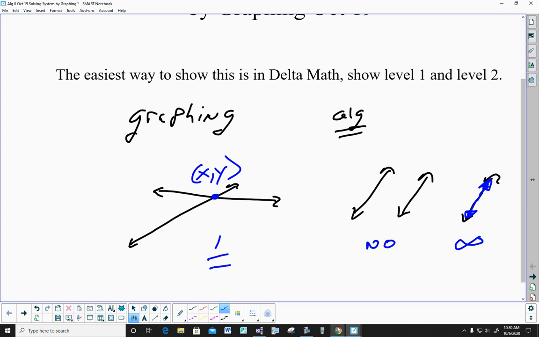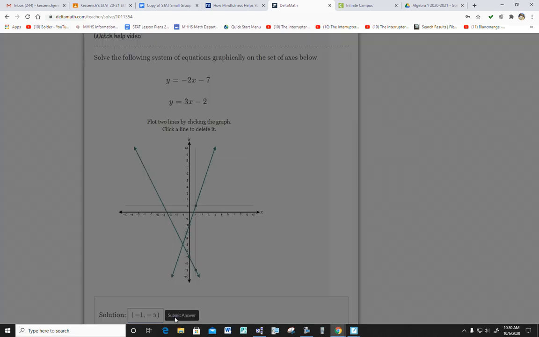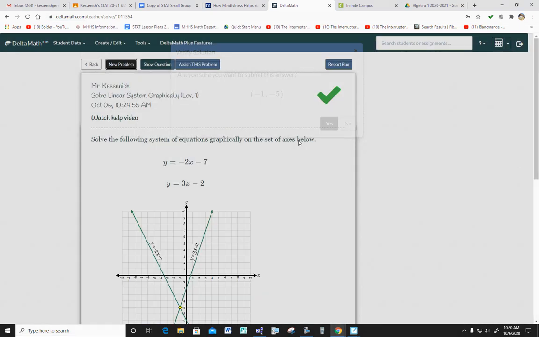So to do this by graphing, you first have to graph them and then look at the coordinate where they touch. So the answer would be, in parentheses, -1, comma, what is that, -5? So that would be your answer. There you go.